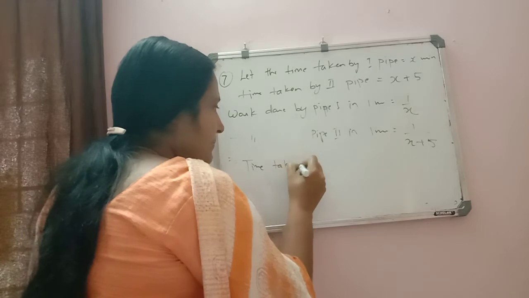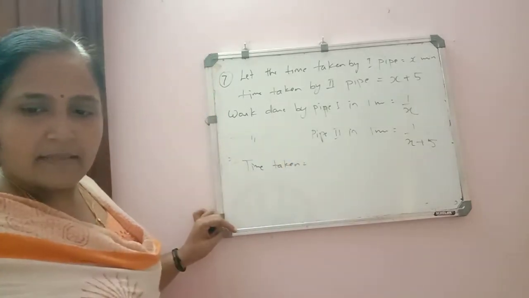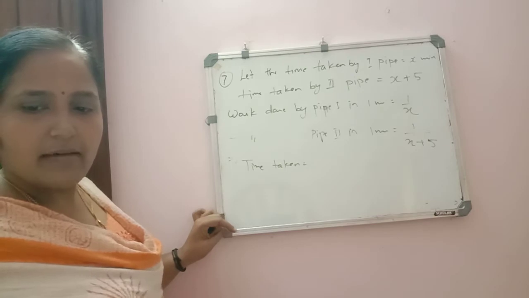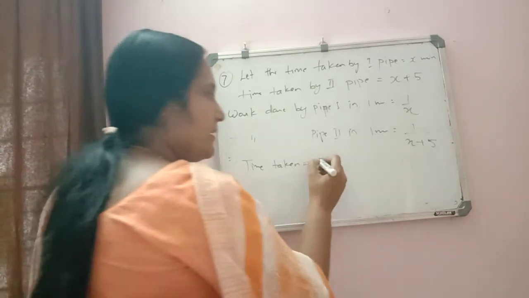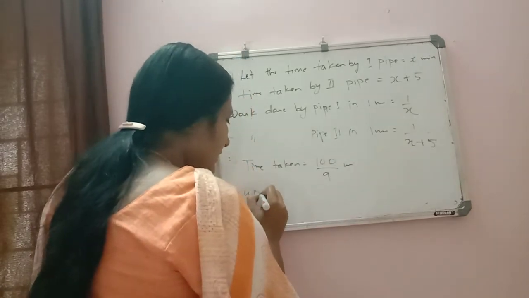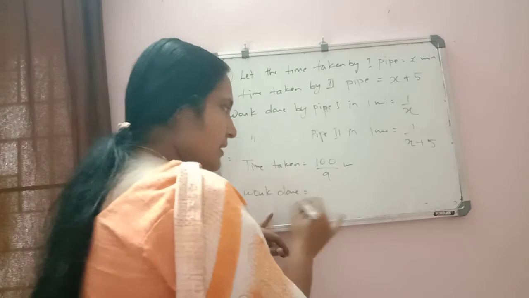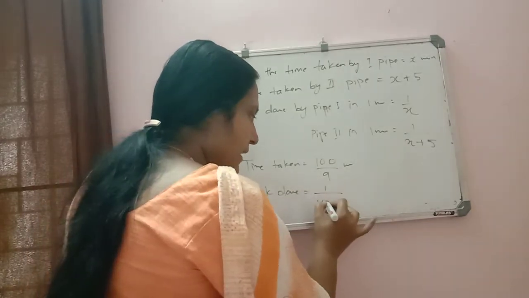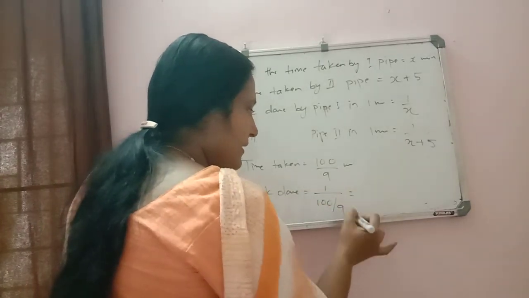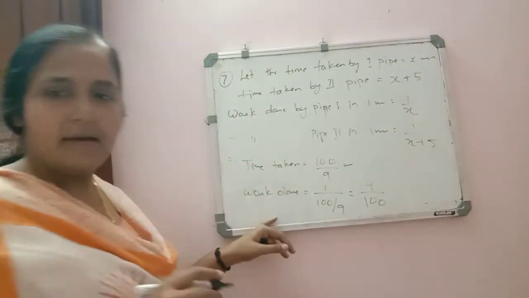Total time taken by them is equal to 11 by 9 minutes. Again simplify it there. So it will be equal to 11 9s are 99 plus 1, 100 by 9 minutes. Then what will be the work done? As we did in the previous question, work done will be equal to 1 by 100 by 9. So we will shift 9 there. So it will be equal to 9 by 100.